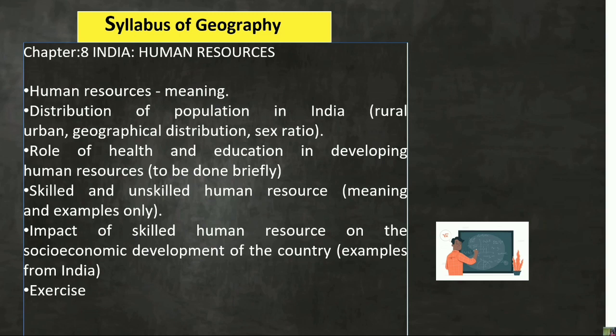Next, we will try to understand the role of health and education in a developing region like India. And also we will know about the concept of skilled and unskilled human resources and the impacts of skilled human resources on the socio-economic development of the country.